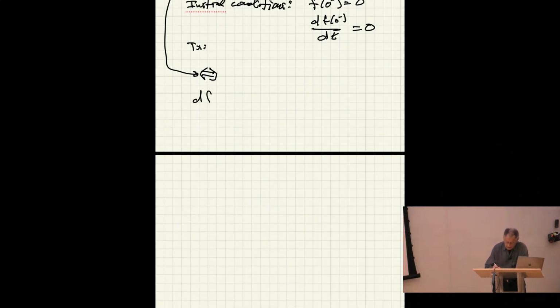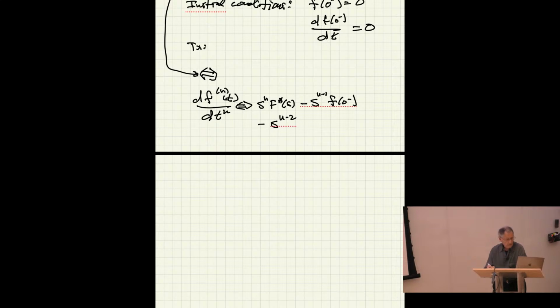It says if I have the nth derivative with respect to t, that is going to give me in transform domain s to the n times f star of s, where f star of s is the transform of f of t, minus s to the n minus 1 times f of 0, minus s to the n minus 2 power times the first derivative of f at 0 minus, plus dot dot dot all the way out to minus s to the 0th power, which happens to be 1, times the n minus first derivative at 0.